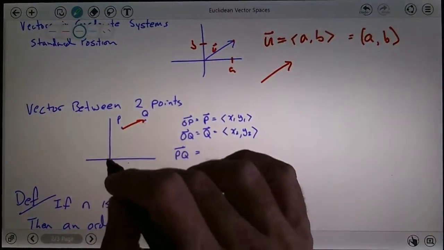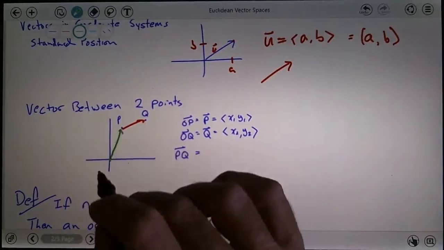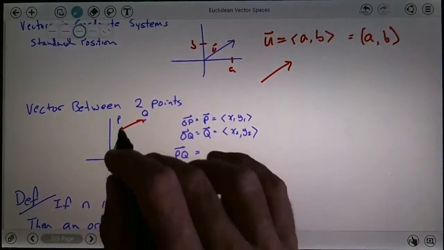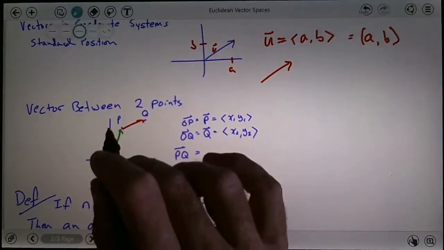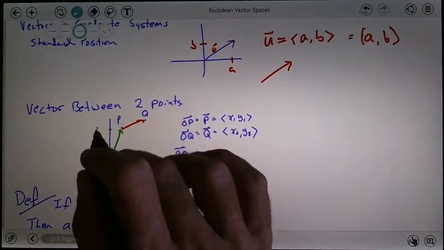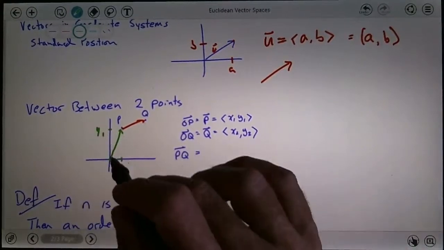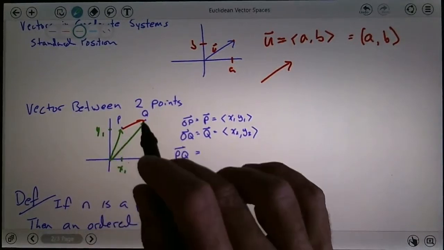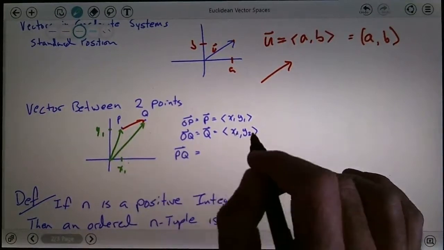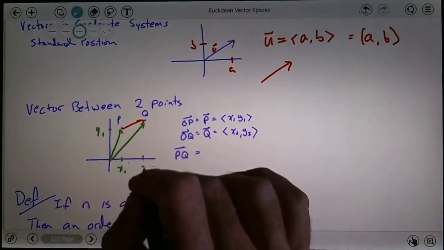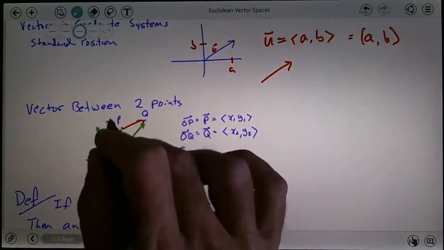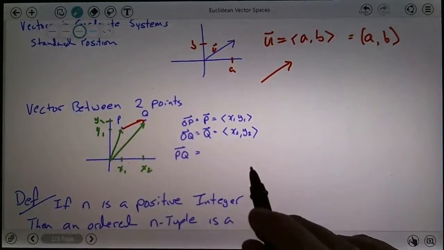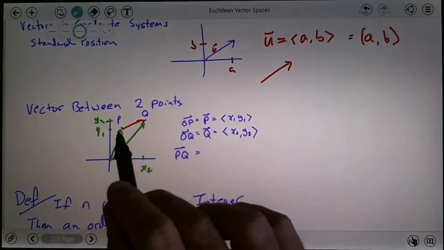OP is the vector that starts at the origin and heads out to P. I'm going to give that the name ⟨x1, y1⟩, where x1 is the x coordinate of P and y1 is the y coordinate of P. And likewise, I've got this vector OQ, which starts at the origin and goes out to Q. That has the name ⟨x2, y2⟩, because the x coordinate of Q is x2 and the y coordinate is y2. Okay, now I want to come up with the vector PQ.